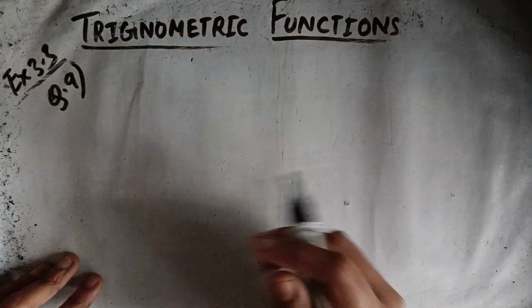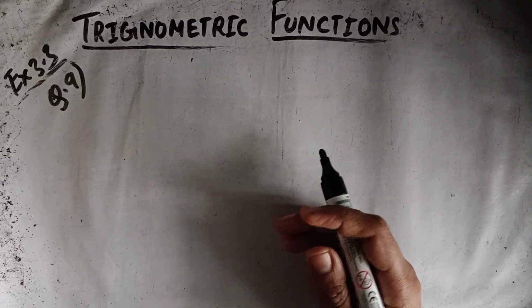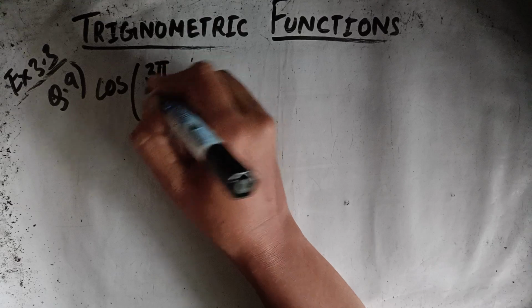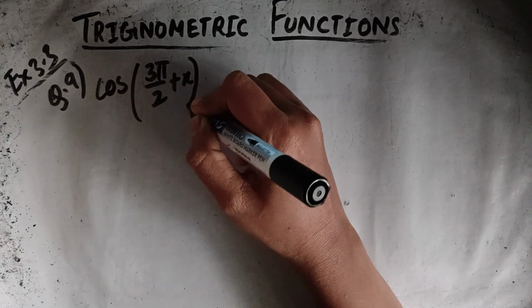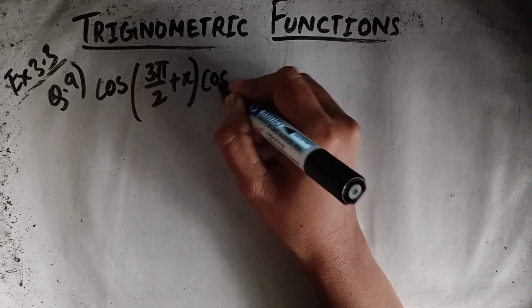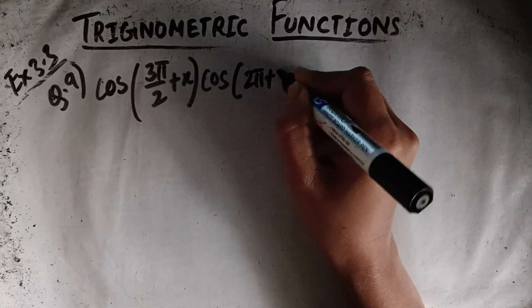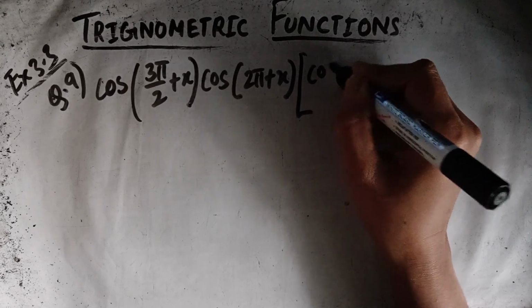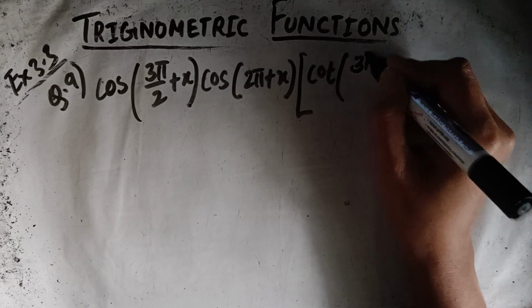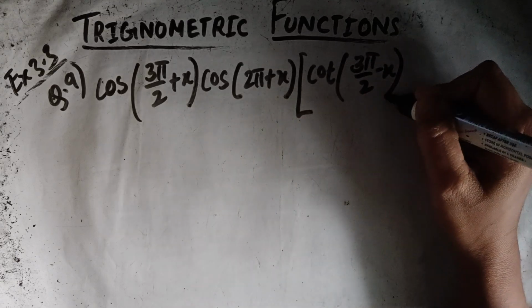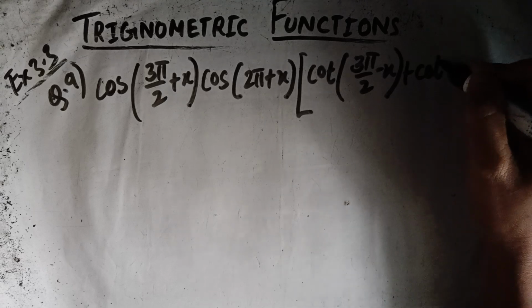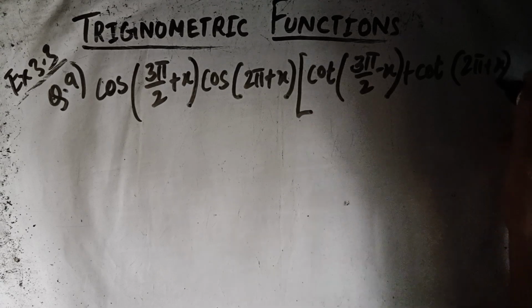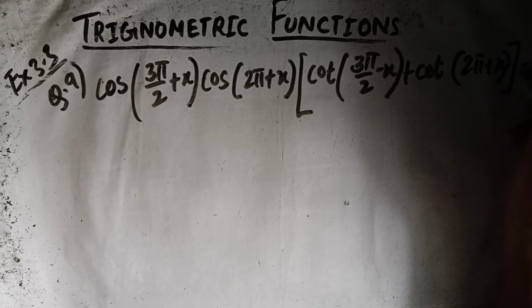Question 9. Cos(3 pi by 2 plus x) cos(2 pi plus x) upon cot(3 pi by 2 minus x) plus cot(2 pi plus x) equal to 1.